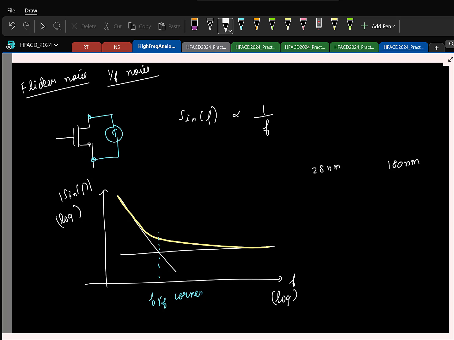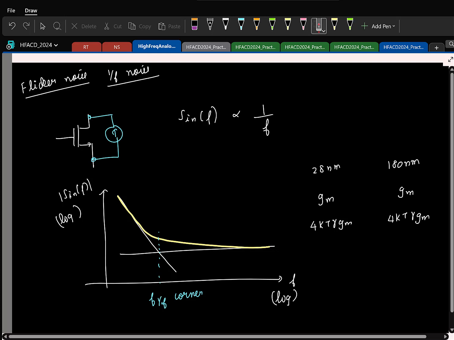If I take two transistors in these two processes and design them for the same gm, I'll find that the thermal noise PSD, which is 4kTγgm, will be exactly the same in these two transistors. But the flicker noise will be widely different, because the proportionality constant here is heavily process dependent.